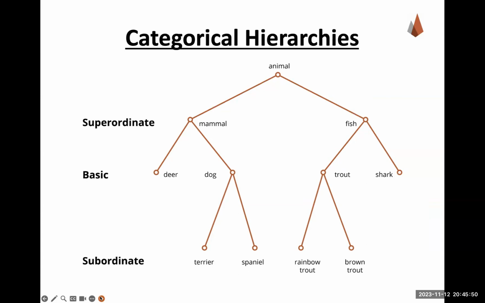Children's first labels for categories tend to be exactly those names that adults prefer. This was suggested by England in 1977. This preference is referred to as a preference for the basic level of categorization.